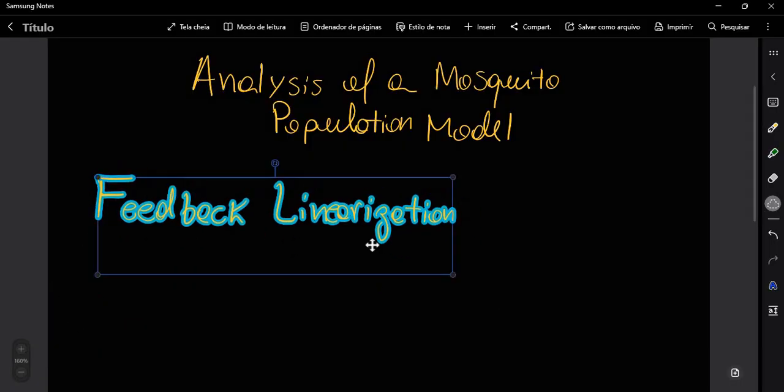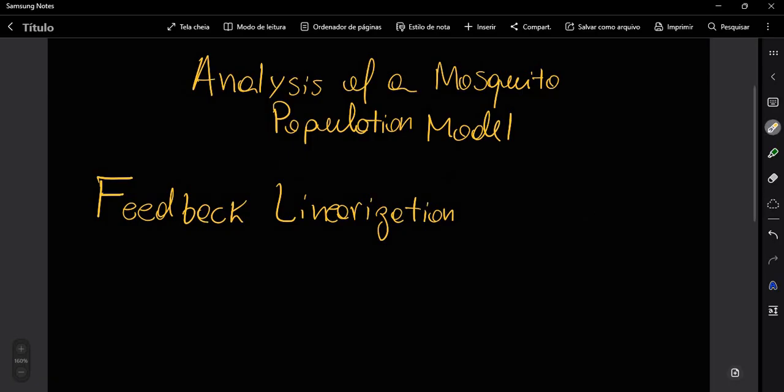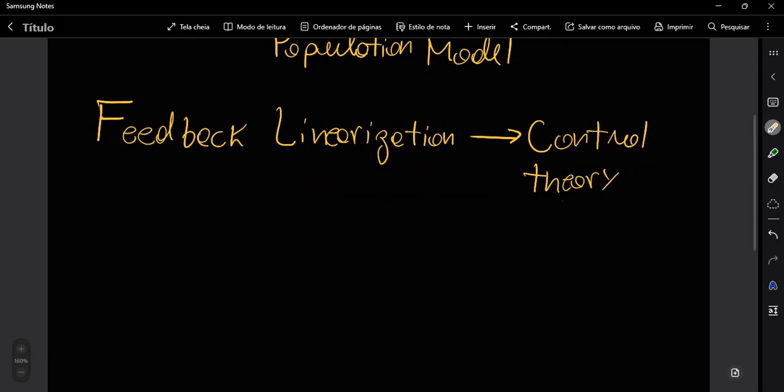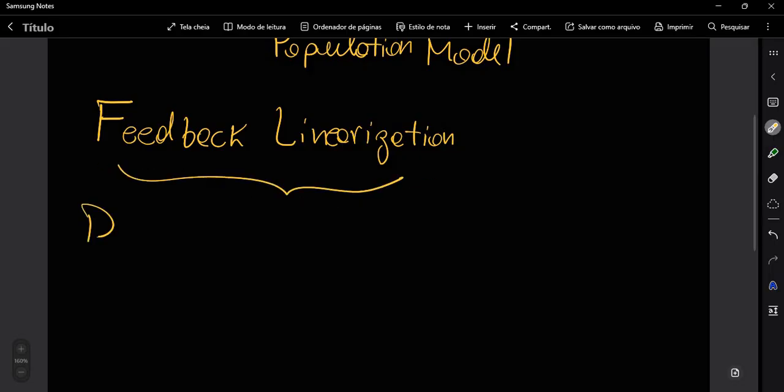And we'll use techniques from control theory and also dynamical system theory.